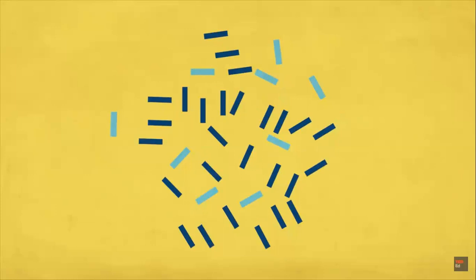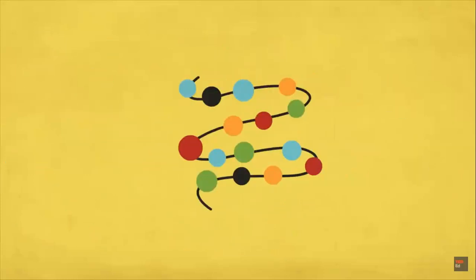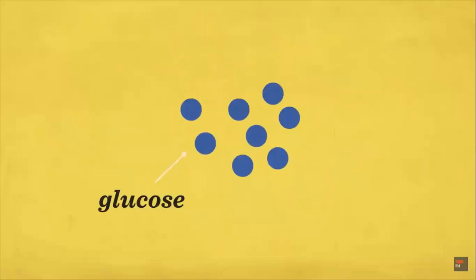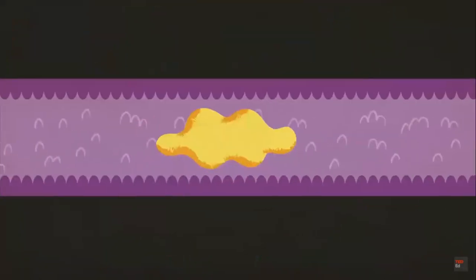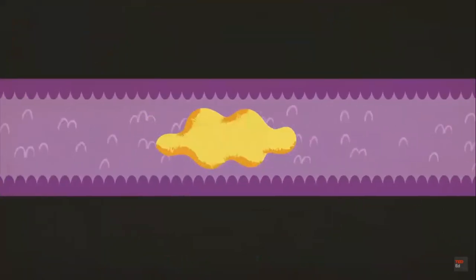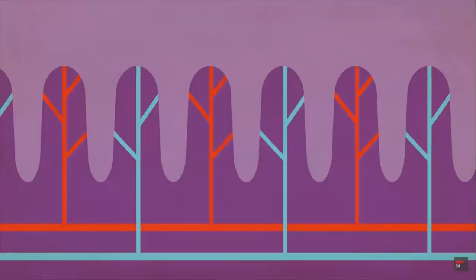The enzymes also carry out the final deconstruction of proteins into amino acids and carbohydrates into glucose. This happens in the small intestine's lower regions, the jejunum and ileum, which are coated in millions of tiny projections called villi. These create a huge surface area to maximize molecule absorption and transference into the bloodstream. The blood takes them on the final leg of their journey to feed the body's organs and tissues.